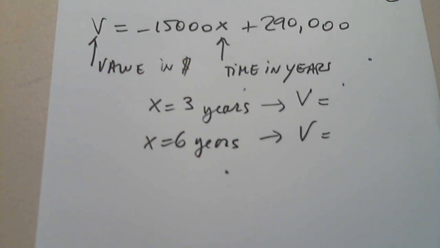So 15,000. The x variable is right here next to the alpha, next to the green key. You may have different colors on your calculator. And plus 290,000. So I enter the function as is, negative 15,000x plus 290,000.